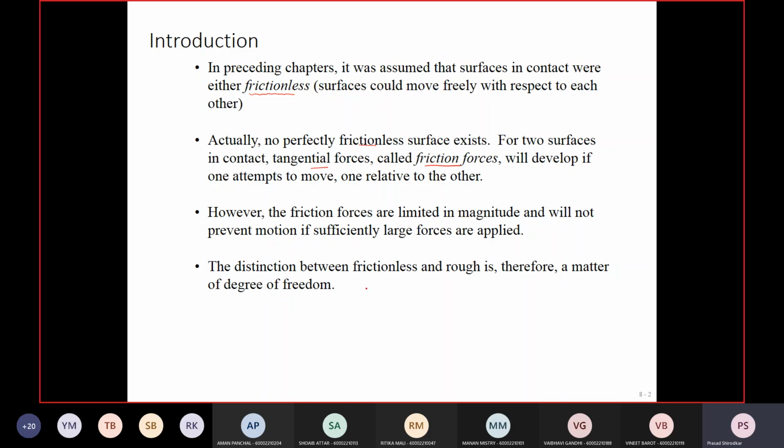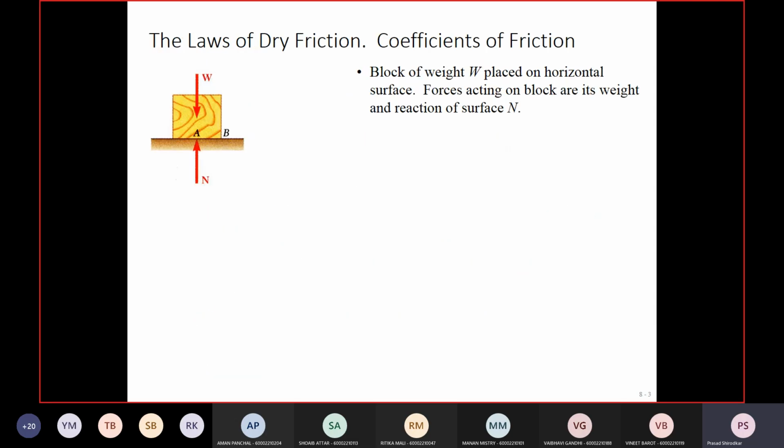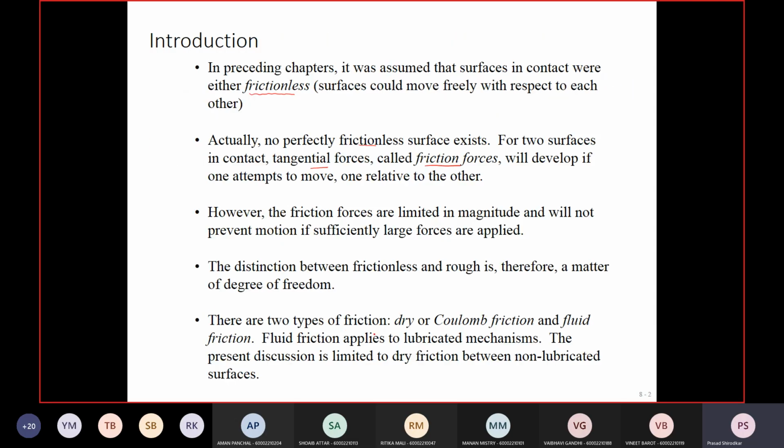The distinction between the frictionless and rough surface is a degree of freedom. One degree of freedom is arrested in case of a frictionless surface. There are two types of friction: dry, also called Coulomb friction, and fluid friction.